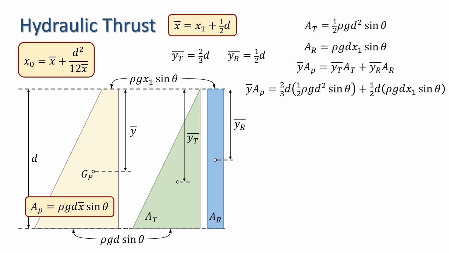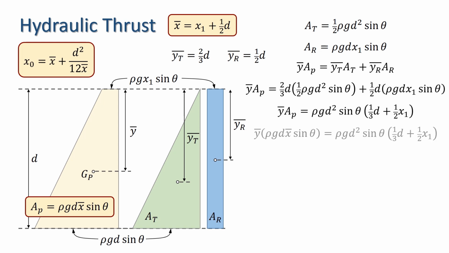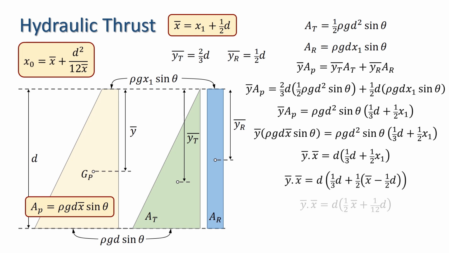Tidying this up and then substituting for AP yields y bar times x bar equals d times 1/3 d plus 1/2 x1. Now we can eliminate x1 from this equation by replacing it with x bar minus 1/2 d to obtain the equation y bar equals 1/2 d plus d squared over 12x bar.